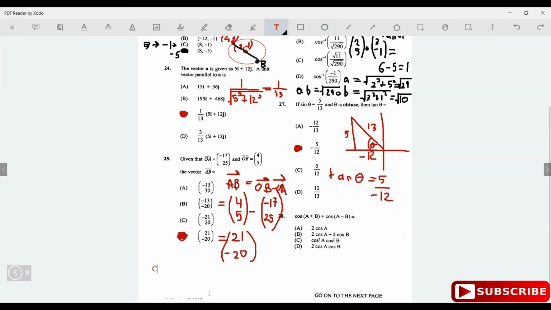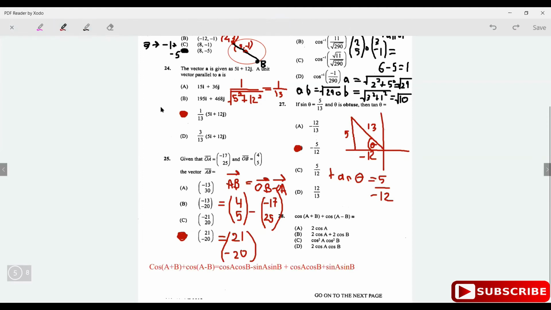So now we have the cos of A plus B plus the cos of A minus B. The cos of A plus B is equal to cos A cos B minus sine A sine B. Then we have plus cos A cos B, and when it's a minus it becomes plus sine A sine B.